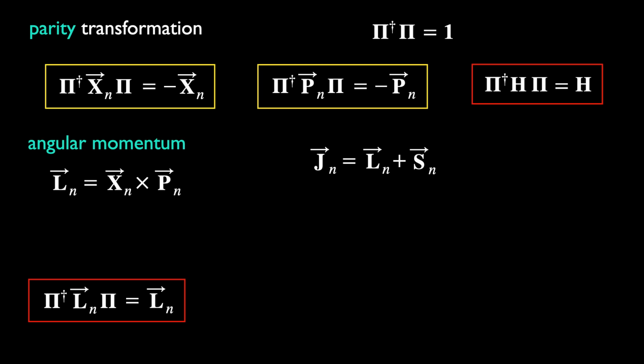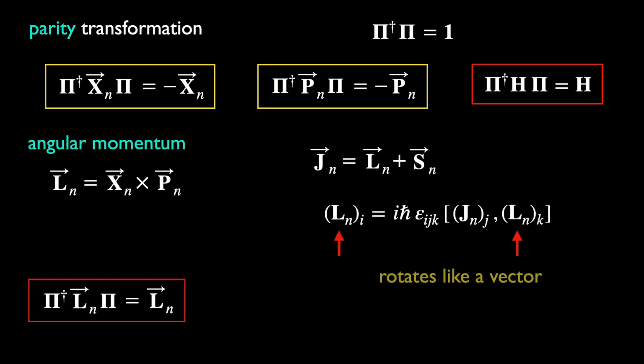To answer this question, we note that J is the generator of rotations for all the observables of the particle. In particular, L itself rotates like a vector operator under the action of J, and so must satisfy the following commutation relation.